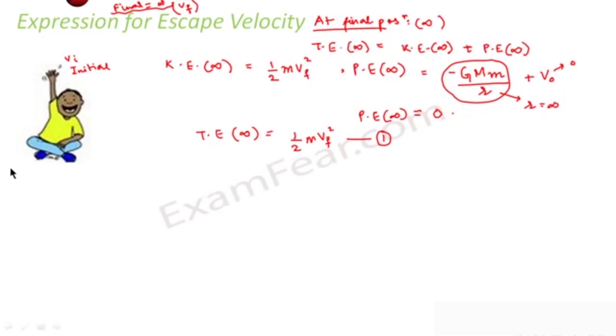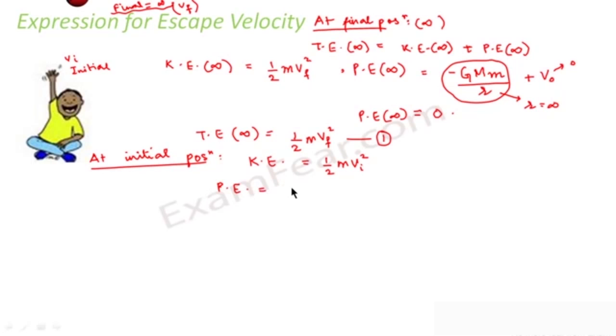Now let us calculate the total energy at the initial position. At the initial position, the kinetic energy would be equal to half m vi square, right? And what would be the potential energy?